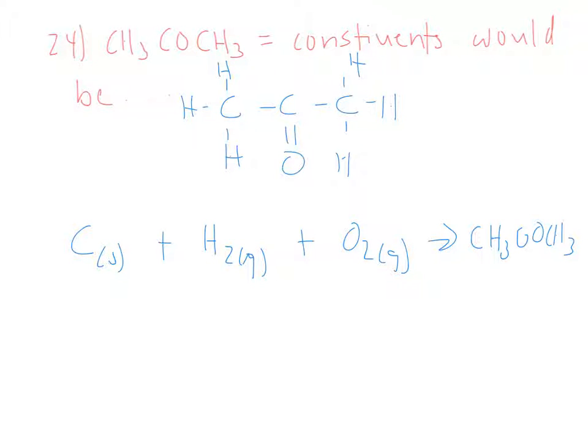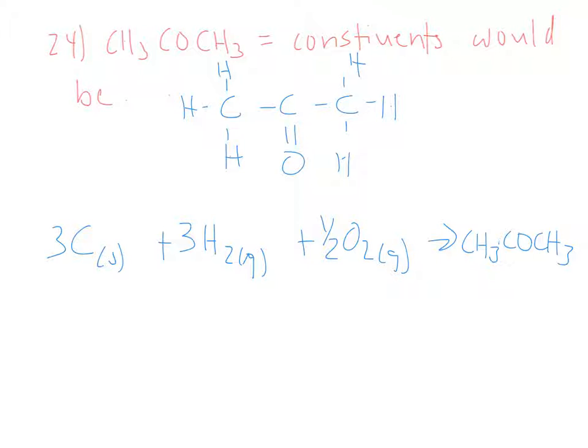Let me see if I can clean that up a little bit for you. CH3COCH3. And so then I just need to go ahead and balance this, and I would need a 3 here for the carbon, a 3 here for the H2, and a 1/2 here for the O2.